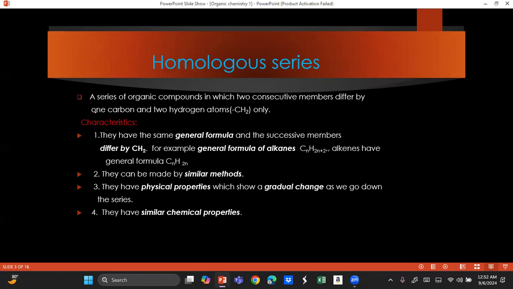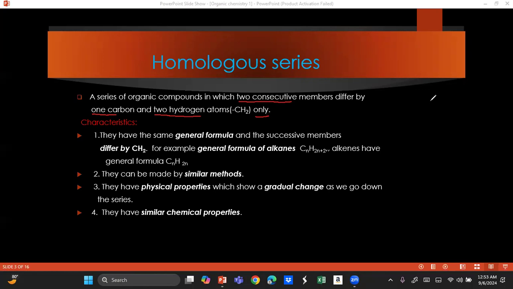This is applicable to all organic compounds. Here we are talking about homologous series of alkanes and alkenes. Define it: it is a series of organic compounds in which consecutive members differ by 1 carbon and 2 hydrogen atoms only. These words are very important.